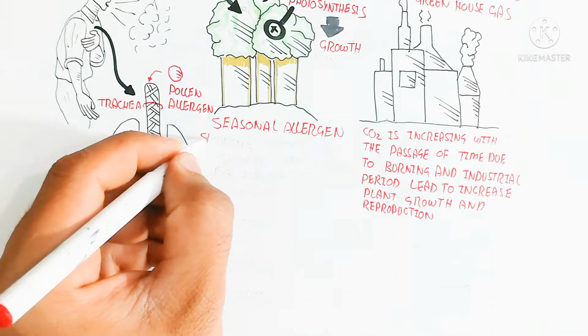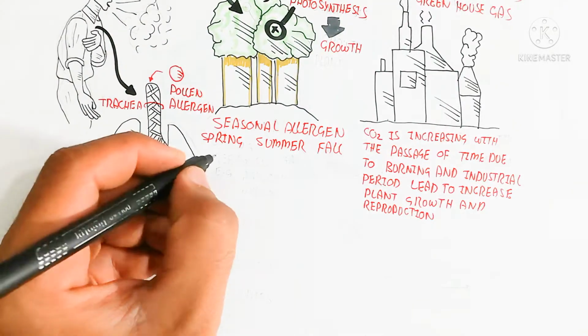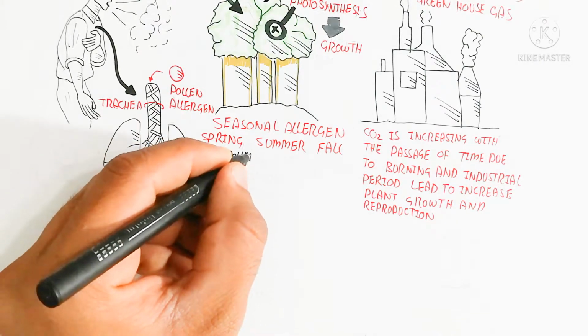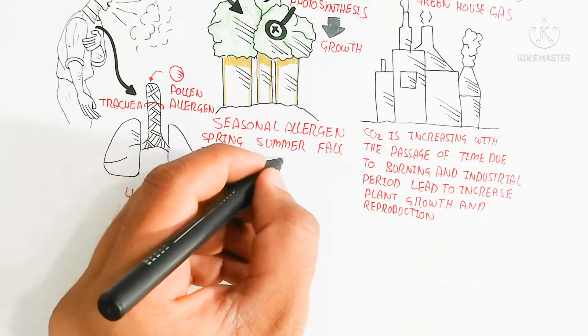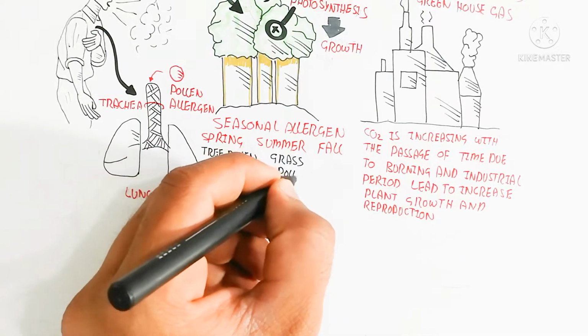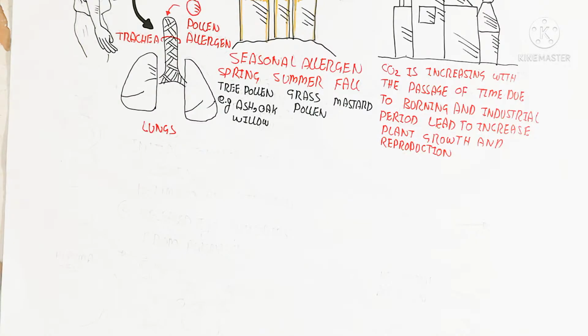Remember, the seasonal allergen can be spring, summer, and fall. Tree pollen in the spring, for example ash, oak, and willow; in summer it is grass pollen; and in fall, the mustard family.